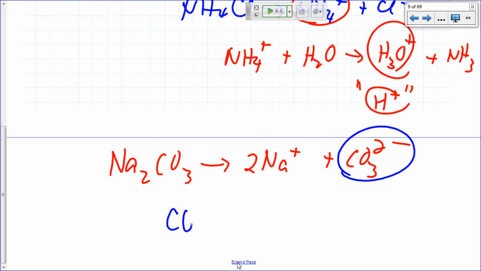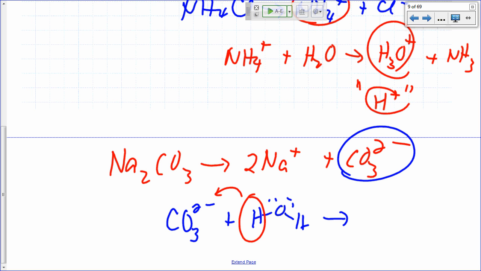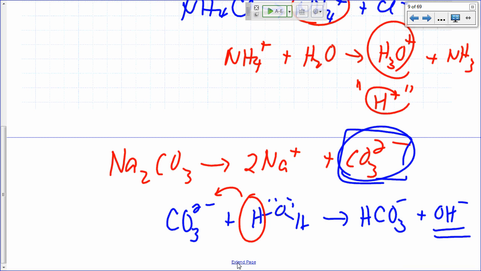A carbonate ion can pull a proton away from a water molecule to give you bicarbonate ion plus hydroxide ion. So in this sense, it's making the solution basic, not because it broke up and gave you hydroxide in water, but because one of the fragments that came from it reacted with water to give you hydroxide.